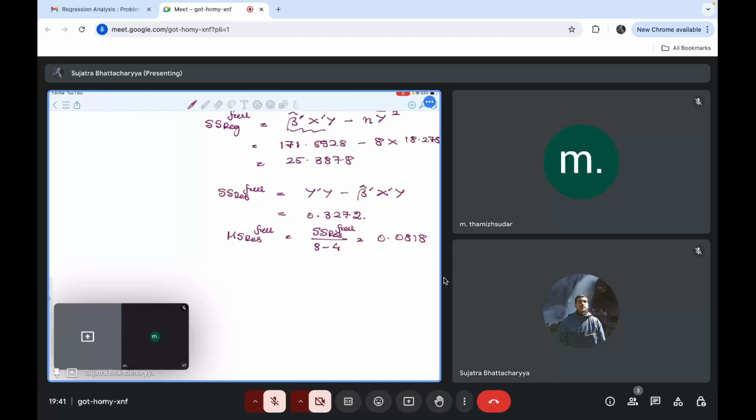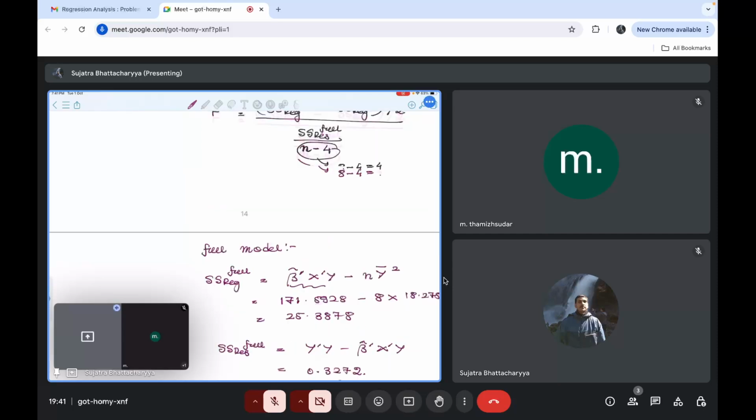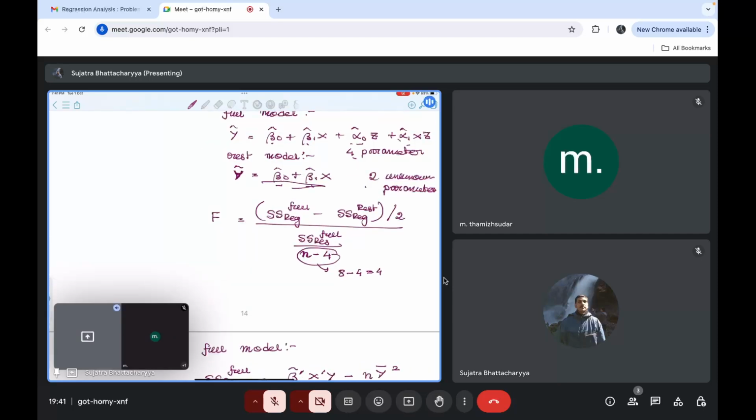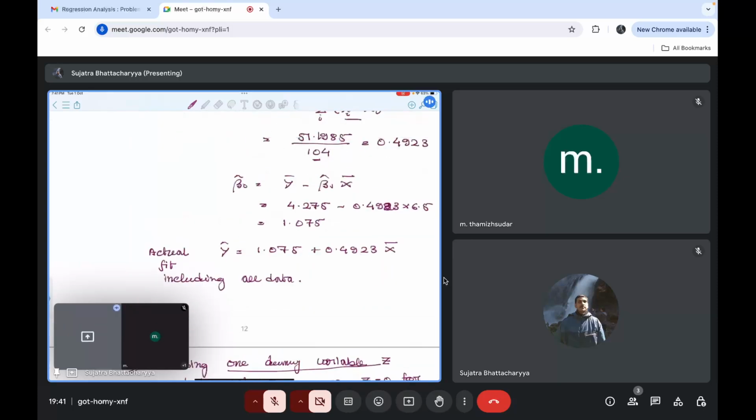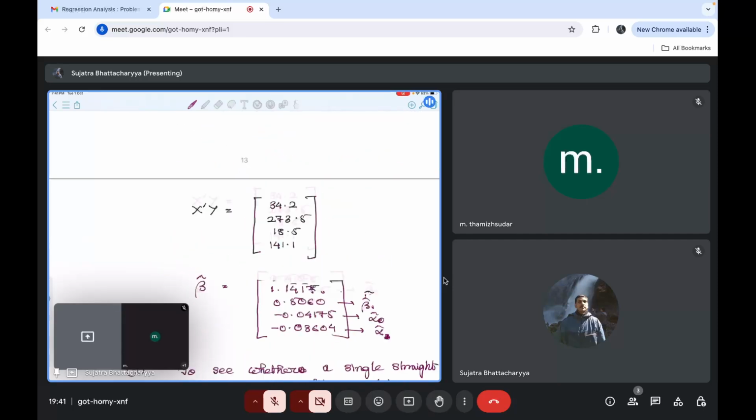Now, what is the restricted model? This is beta naught plus beta 1 x, and we have already fit it earlier, before the question starts. So from here, can we calculate the SS regression? Yes. How to do that?